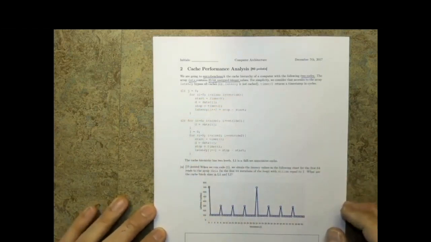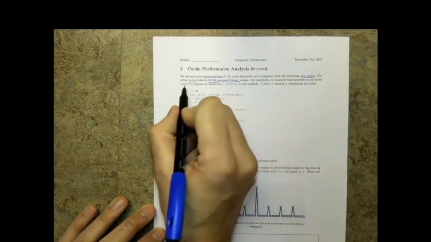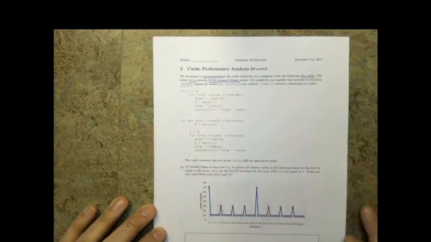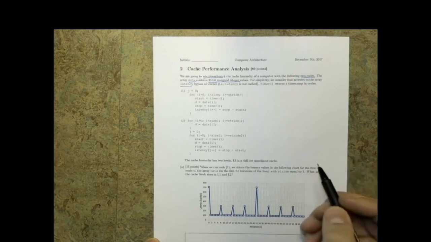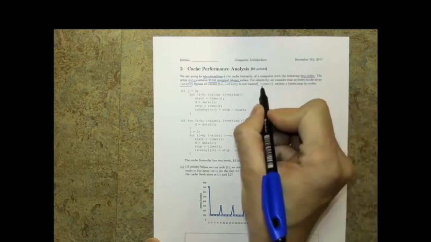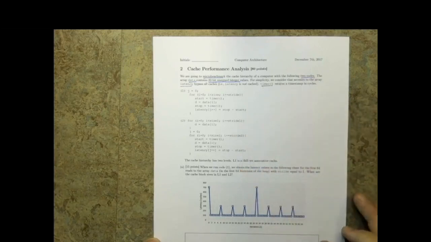There is a note here that says not to care about the latency array: the accesses to this latency array, where we are going to store the latency of each memory access, are not cached, so these accesses bypass all the caches. And timer, as the question says, returns a timestamp.